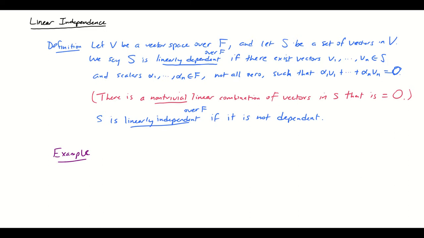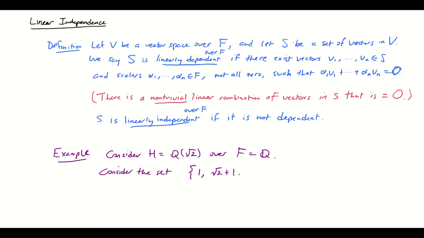I'm getting kind of bored with the example of C as a vector space over R, so let's try something different. Let's consider the field extension Q adjoin the square root of 2 over the field of rationals. So Q adjoin root 2 is a vector space over the rationals. And consider the set 1, square root of 2 plus 1, and 2 square root of 2 plus 1.